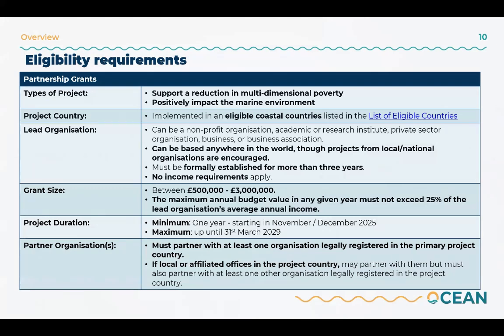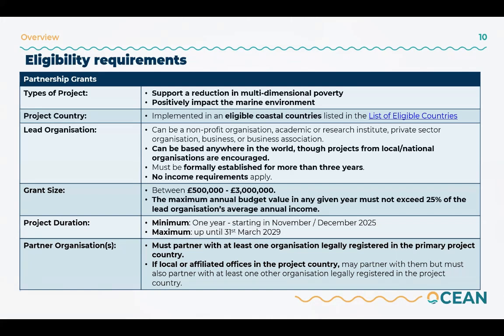So a quick review of all these eligibility requirements that we have been talking about. The type of projects that we are looking for are related to supporting a reduction in multidimensional poverty and positively impacting the marine environment, with an emphasis this year, this round 2, on gender equality and disability inclusion. And the project country should be in the list of eligible countries.